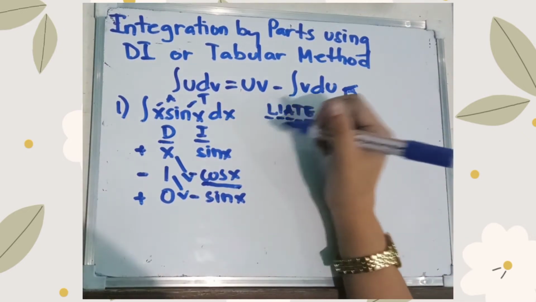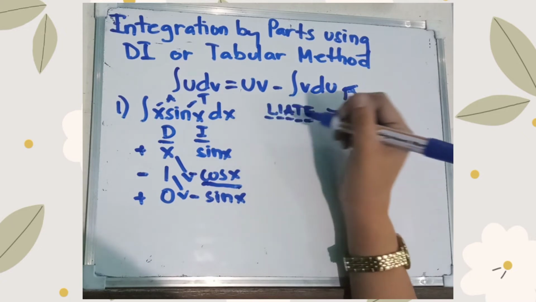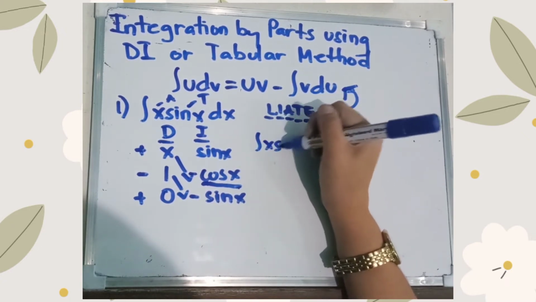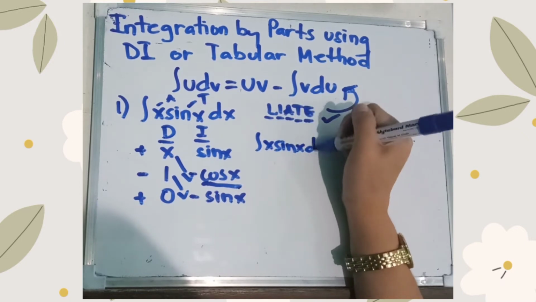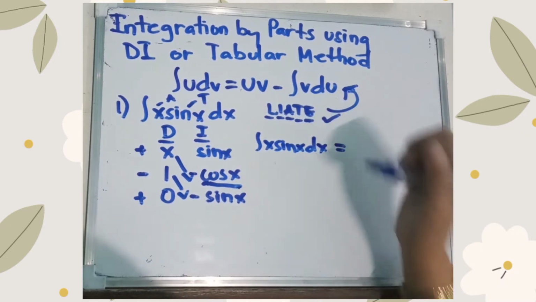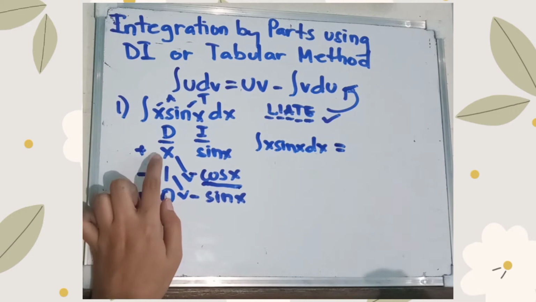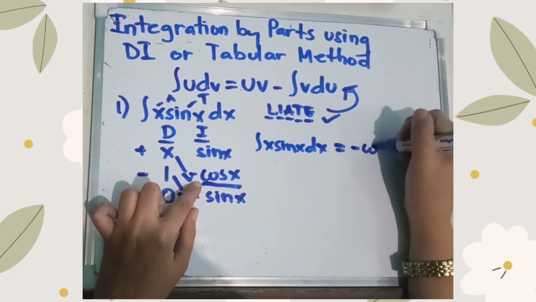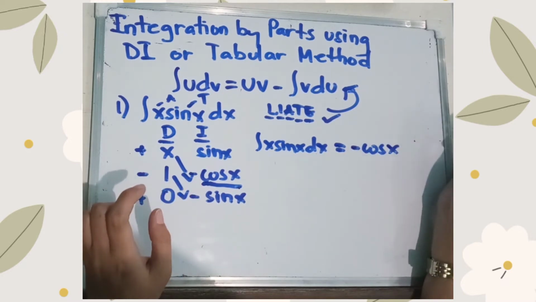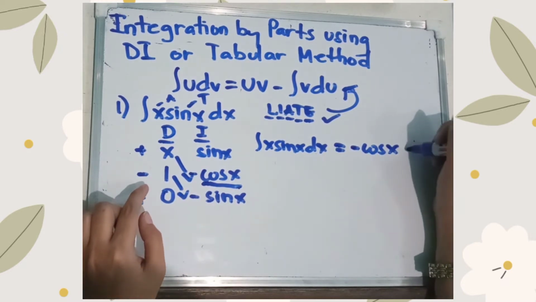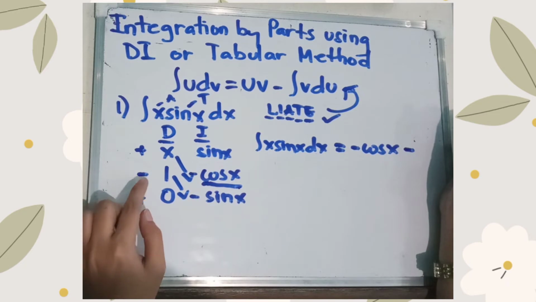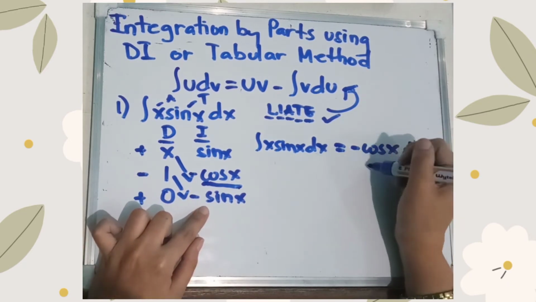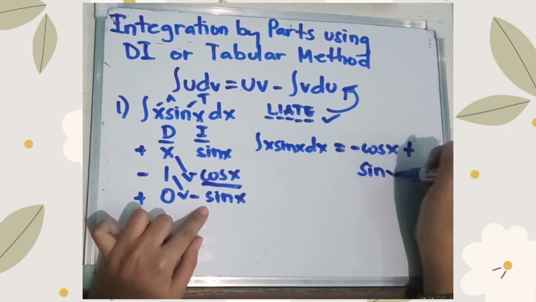So let's go ahead and look for the integral. The integral of x sine x dx is equal to, multiply x times negative cosine x, that's negative x cosine x, minus, or no, negative 1 times negative sine x, that is plus sine x.